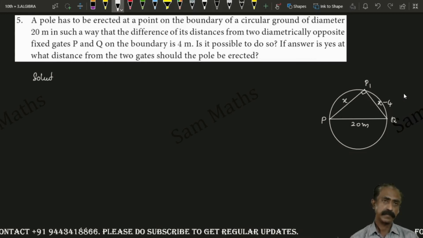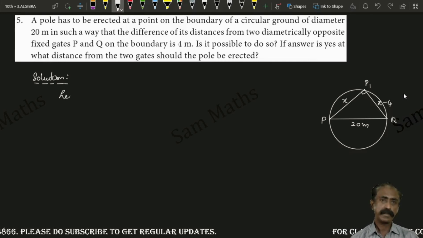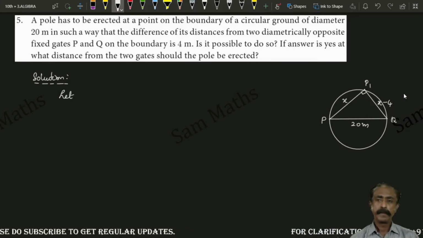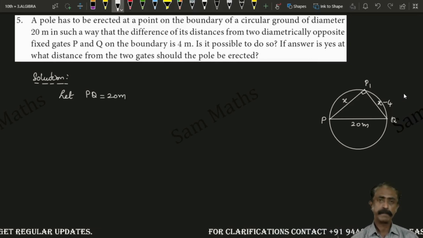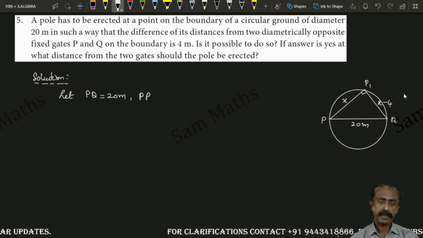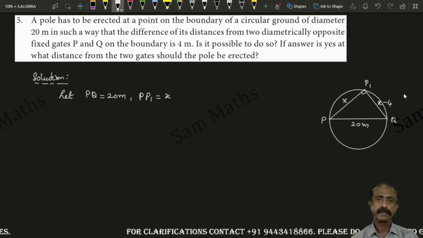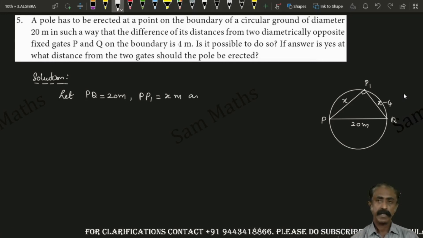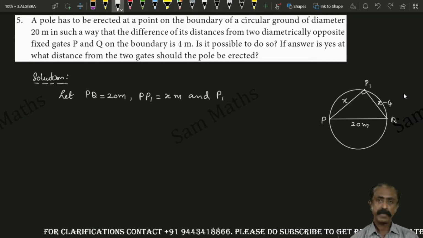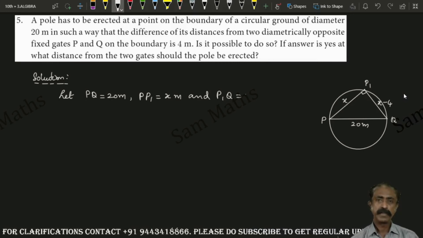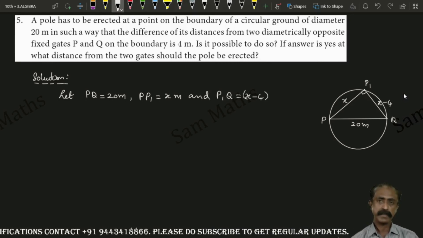Now we can assume. Solution. Let PQ is equal to 20 meter, PP1 is equal to x meter and P1Q is equal to x minus 4 meter.